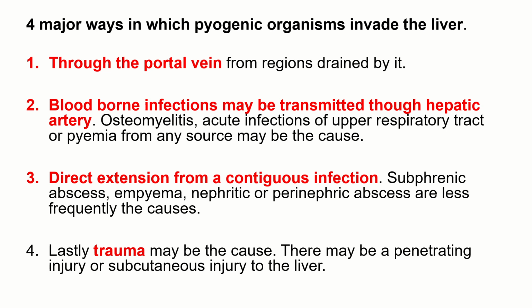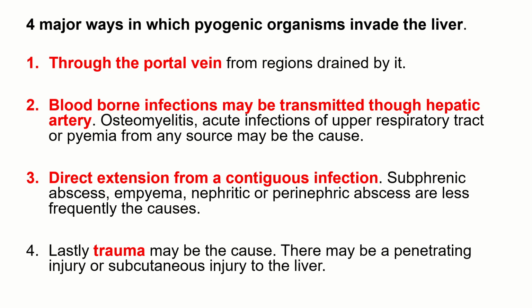Now, how can a patient develop pyogenic liver abscess? There are four ways. As you all know, liver has dual blood supply. One is through the hepatic artery, one is through the portal vein. The organism comes through the portal vein. Whatever areas are drained by the portal vein, it will go into the liver. So if there is any infection in that area, the portal vein will take that bacteria and give it to the liver.